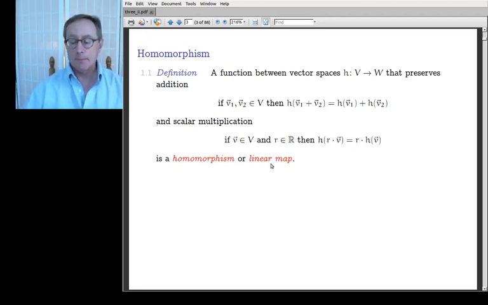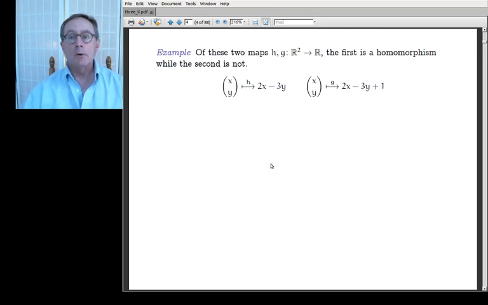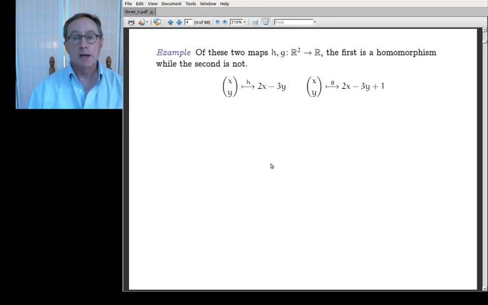Homomorphism or linear map. Okay, and we have seen a number of homomorphisms already because every isomorphism is automatically a homomorphism. It's a homomorphism with extra special conditions. Anyway, we've already seen a bunch of examples. Of course, we're going to see some more.